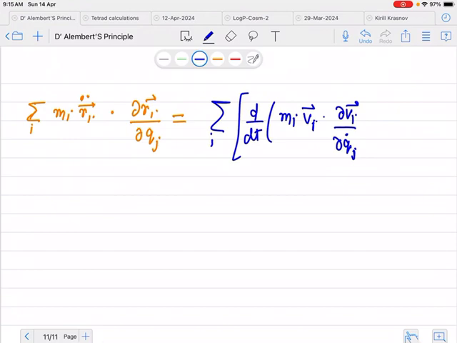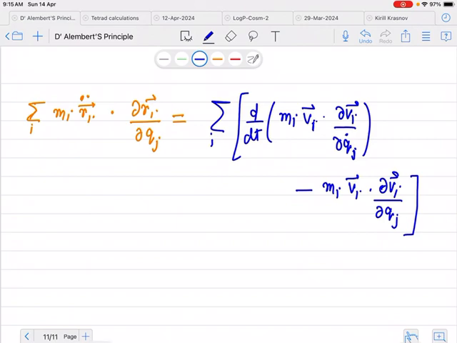Instead of terms of R, I am writing in terms of V, minus mi Vi dot del Vi over del Qj.